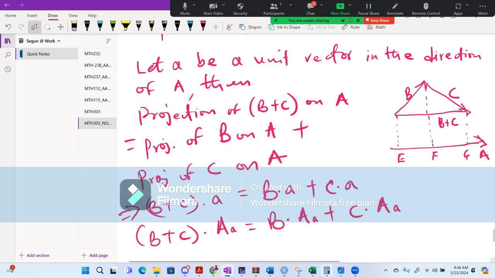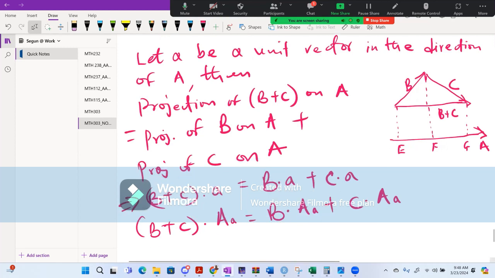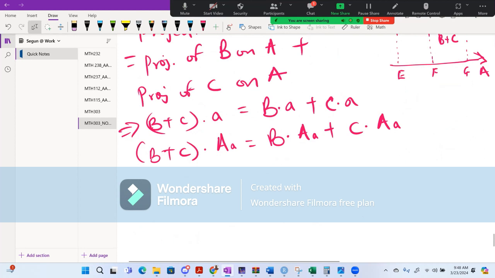Now we have an idea of this, and we can begin to replicate this. We know that capital A is the same thing, remember, on that particular line, the straight line we're talking about.